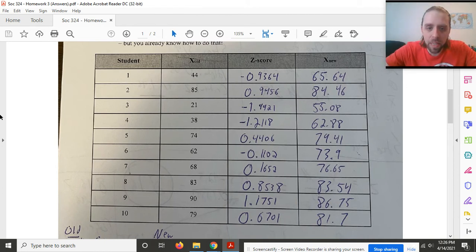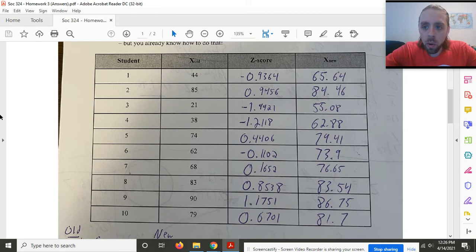So in column 3, the z-score, the values that you see here are obtained by doing z equals x i minus x bar divided by sigma. Or actually, I should say mu, because we're using a population here. Sorry for the carelessness. So if we take the first student here, who scored a 44, not so good, how many standard deviations away from the old mean is that?